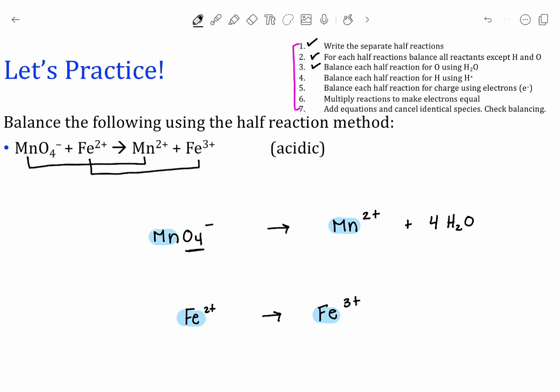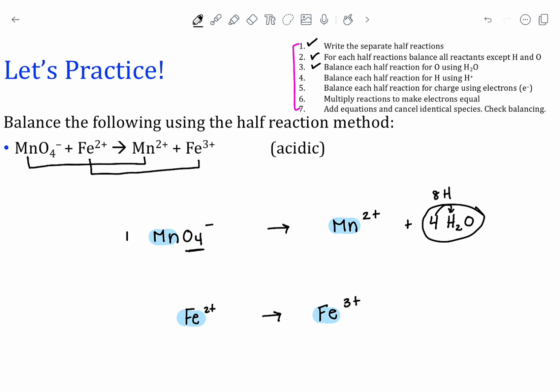Now we want to balance each half reaction for hydrogen using H+. When I introduced these 4 waters, yes, I got my oxygens to balance, but I also introduced 8 hydrogens on my product side. So now I have 8 hydrogens on my product side and 0 on my reactant side.